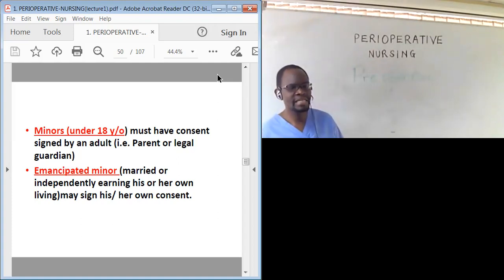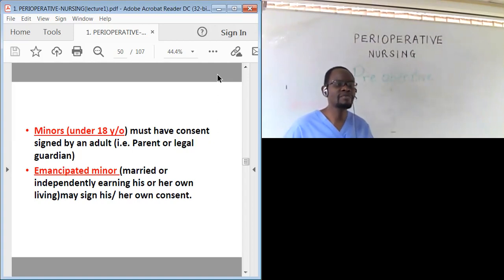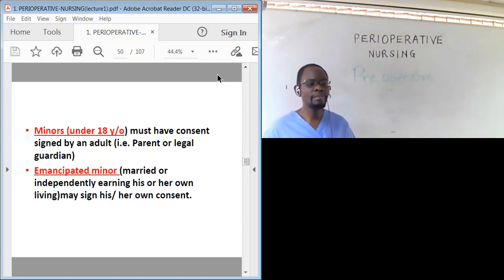The emancipated minors include the pregnant, who might be under 18, and those who have joined the army when they are under 18. The married ones, or all those who earn their own income, are all referred to as emancipated minors. So these may give their own consent.